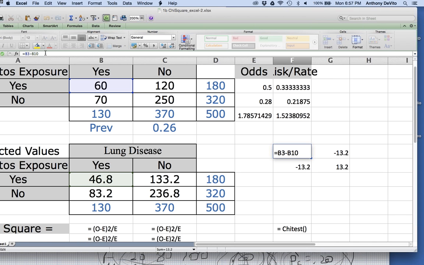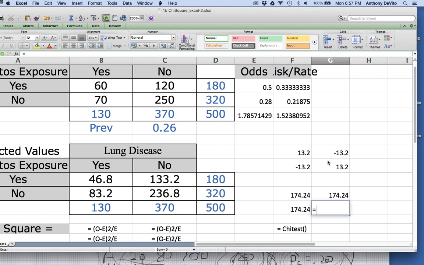An easy way for me to do this, I'll make a new table. I'm going to say that's equal to this squared, this times itself, and this is equal to this times itself.